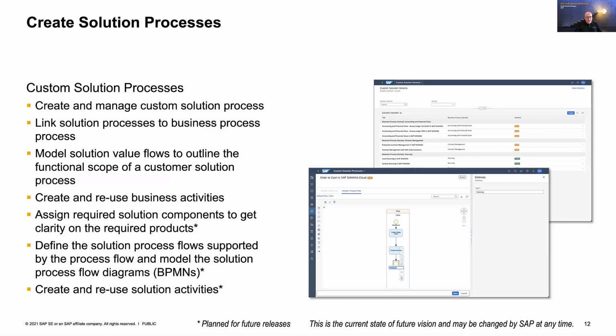As said, following the SAP Enterprise Architecture Methodology, solution processes are concrete implementable entities that have a relation to a concrete runtime, so there are concrete applications behind. On the two screenshots on the right-hand side, you see first a list of solution processes. That list is just the list of implemented, described custom solution processes. We have a create button there, and with that, you can just define your own processes.